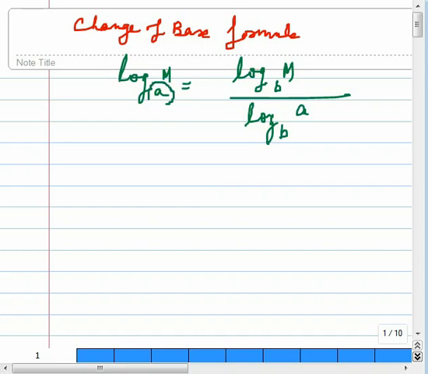Here the base was a. In the numerator the base is b and in the denominator also the base is b. M comes to the numerator and the base comes to the denominator. Now I will prove this formula.